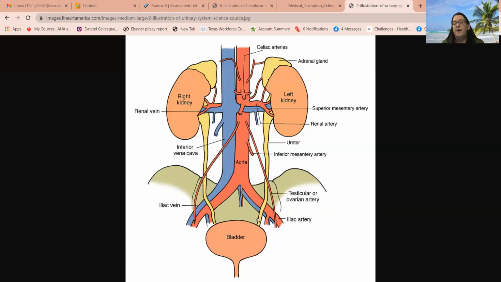Now, the other thing I want to talk about in relation to this is the pelvic floor muscles. Let's see if we can find a picture really quickly. Pelvic floor muscles are a set of muscles that support all of the internal abdominal organs.